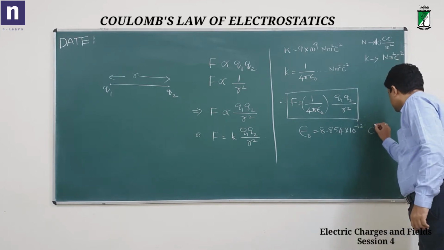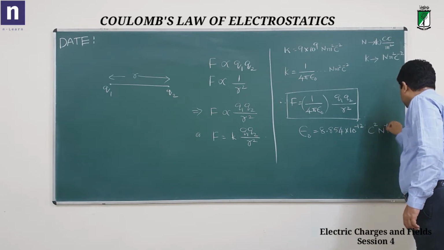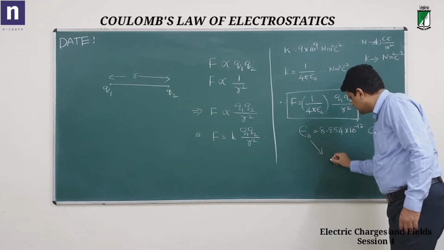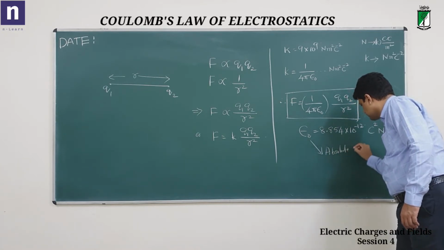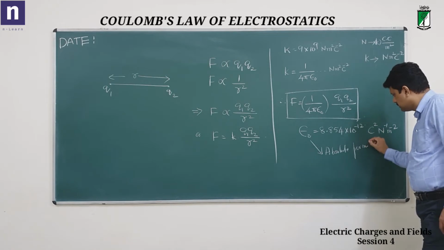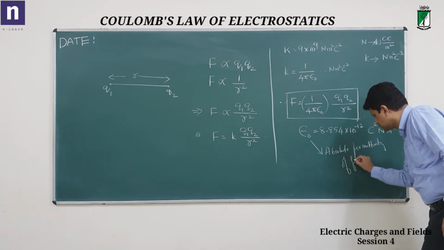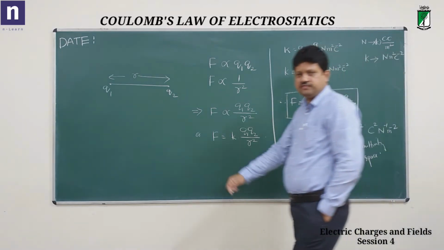So this is Coulomb square per Newton per meter square. And this is called the absolute permittivity of free space.